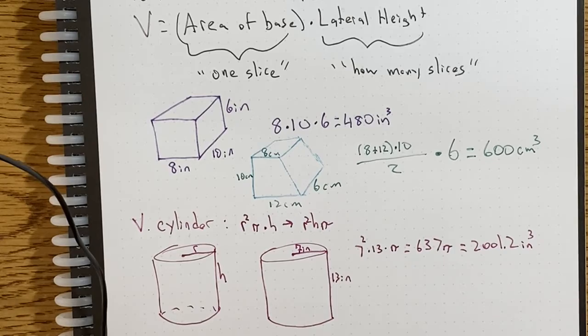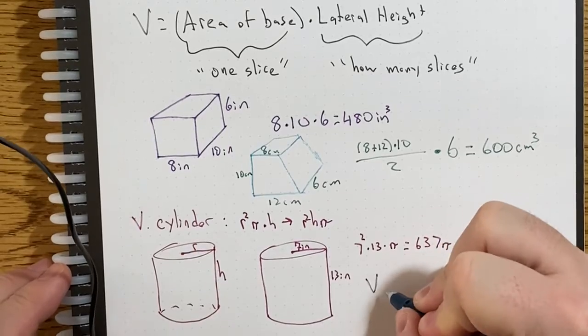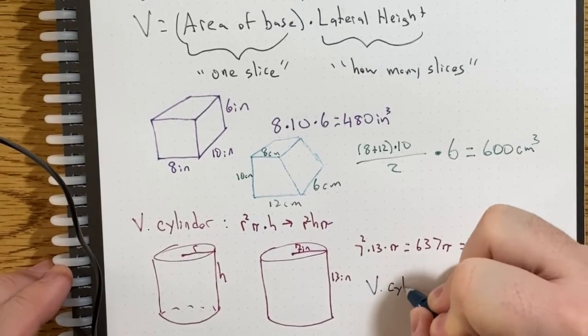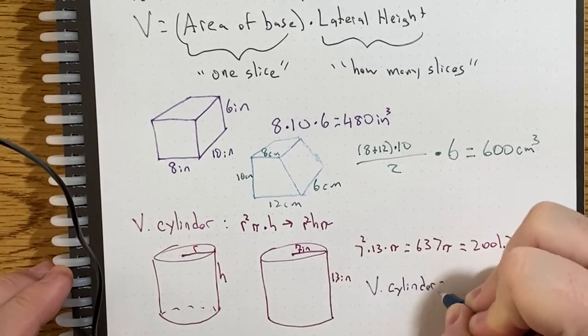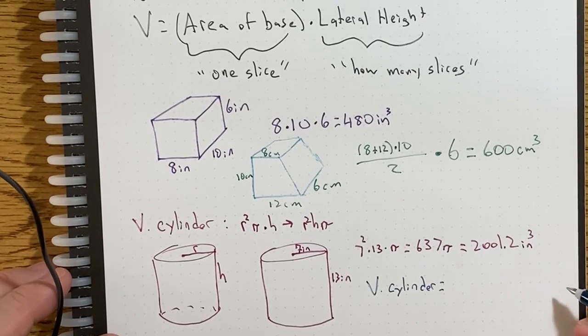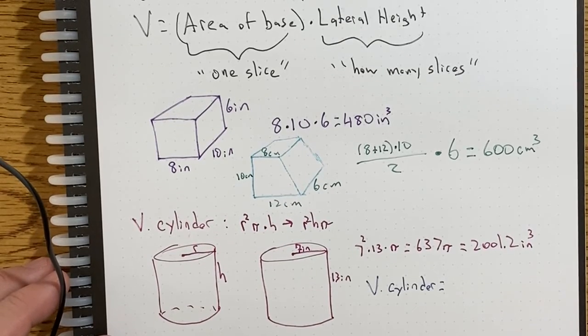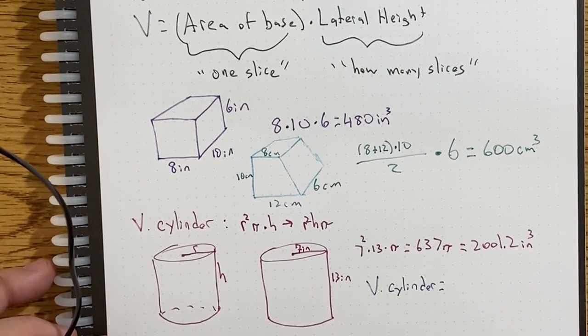One other thing I could do is try to do this backwards. So I could say something like the volume of a cylinder equals, I don't know, this is where I'd be like, yo, Matthew, choose a number between 100 and 700.